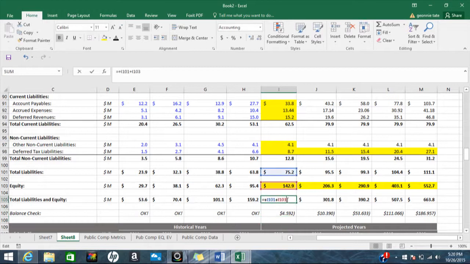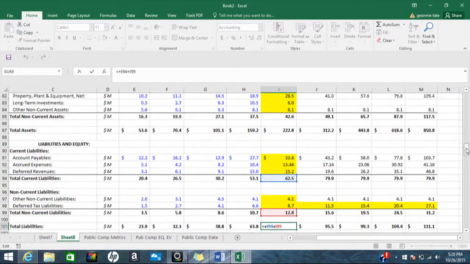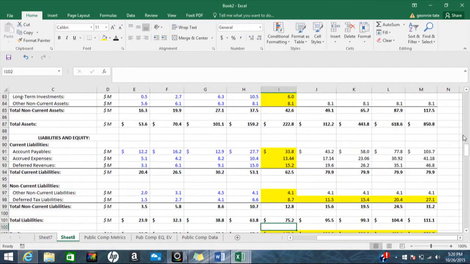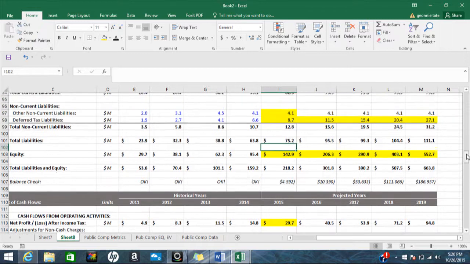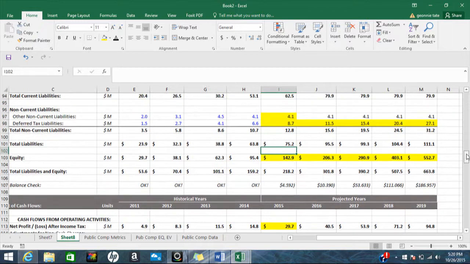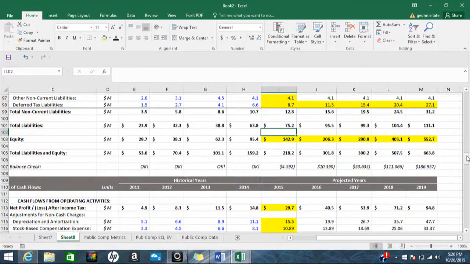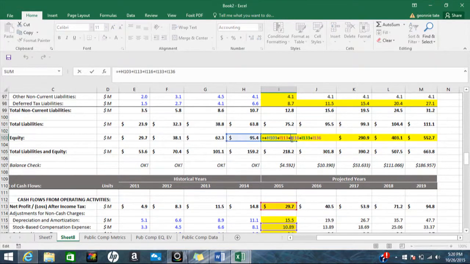So equity, total liabilities, okay. Total liabilities there. See that I'm off by... let's see, equity side.